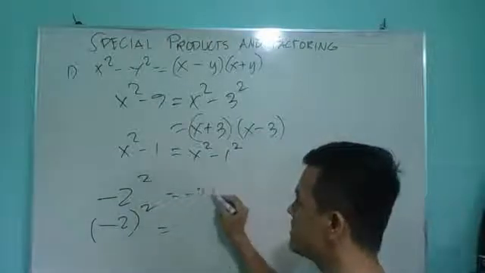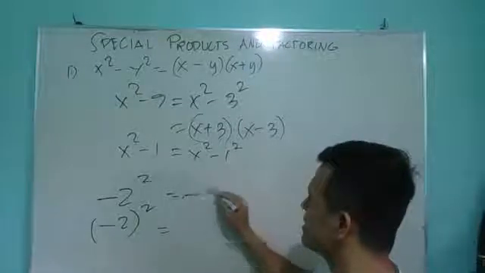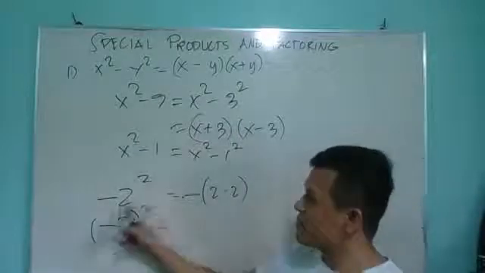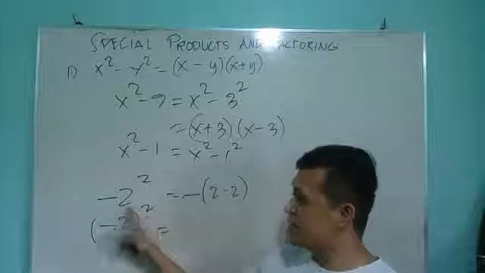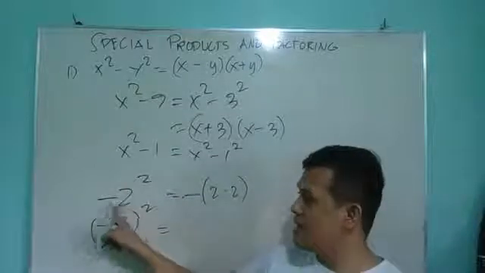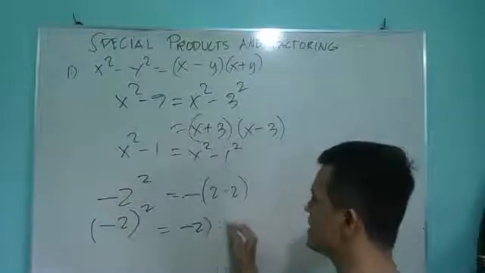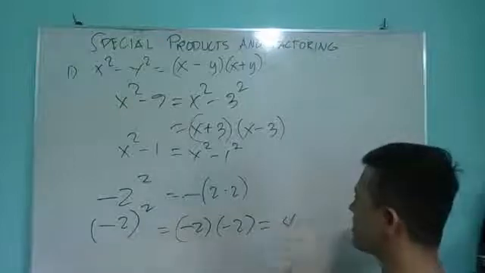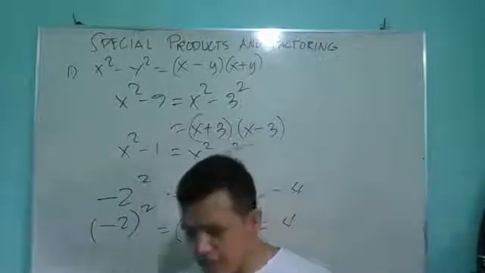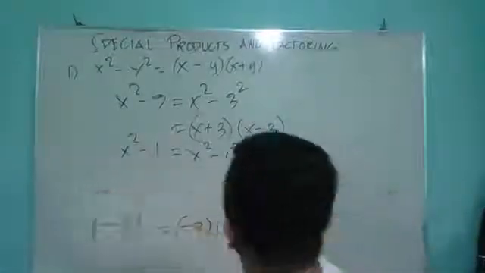So we have negative 2 times 2, or you can just have 2 squared, 2 times 2, because here the exponent only tells you to multiply the base twice, not including the sign. But in the parentheses version, it says negative 2 times negative 2. So this one is positive 4 and this one is negative 4. Remember this stuff, okay?